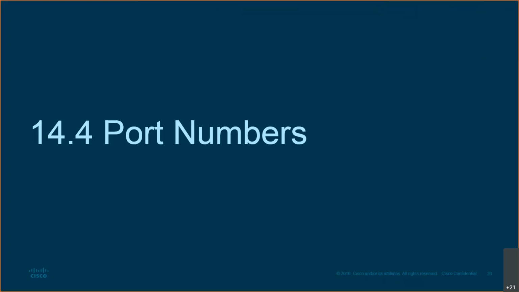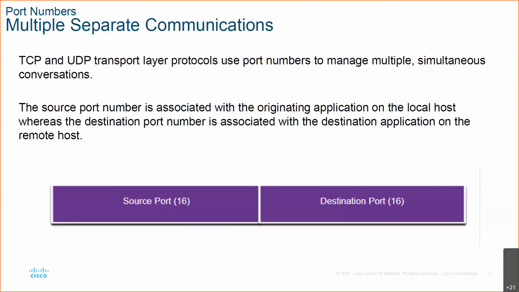Now, another aspect that we should know about your transport layer are port numbers, okay, which are both on TCP as well as your UDP, okay. So the TCP and UDP transport layer protocols both use port numbers. Why?